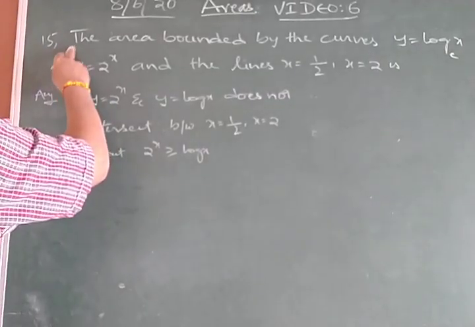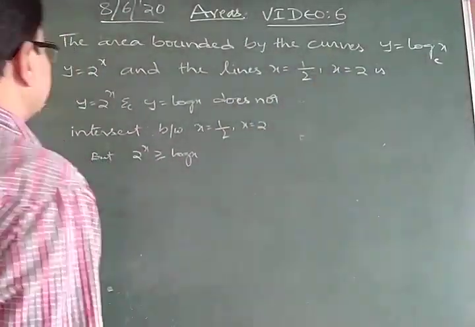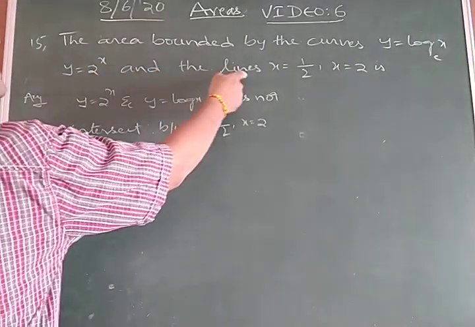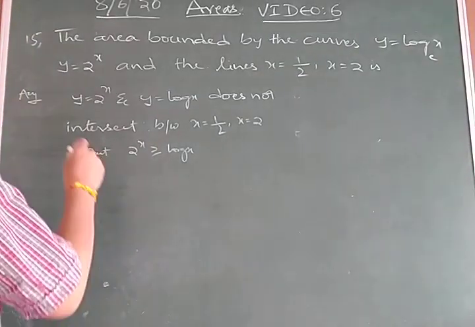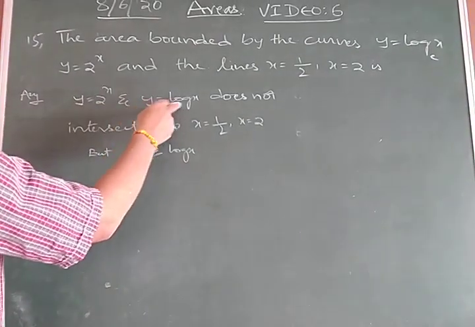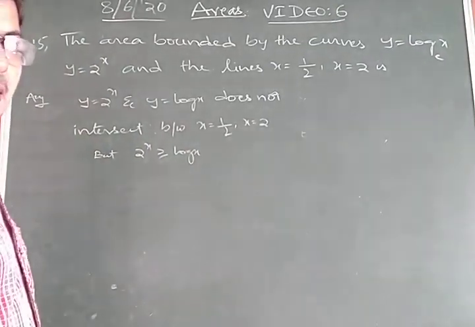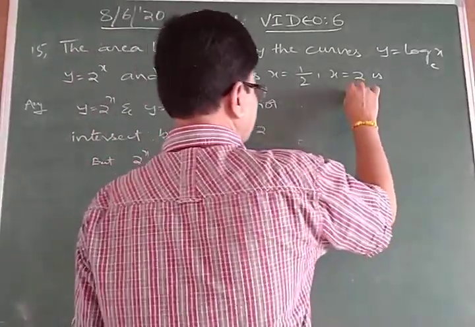Number 15. The area bounded by the curves y equals log x and y equals 2 to the power of x, and the lines x equals 1 by 2 and x equals 2. Here y equals 2 power x and y equals log x do not intersect between x equals 1 by 2 and x equals 2. So first of all we draw a diagram.